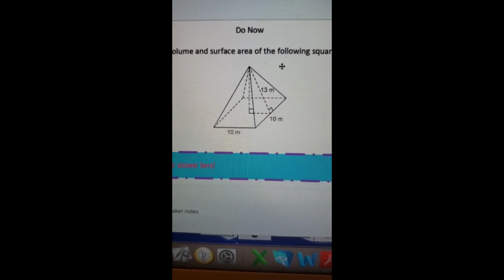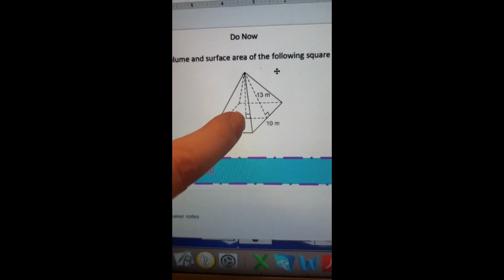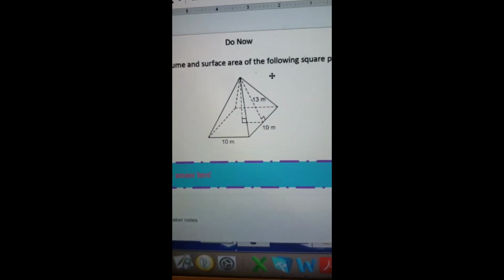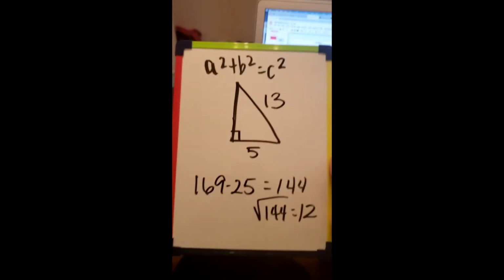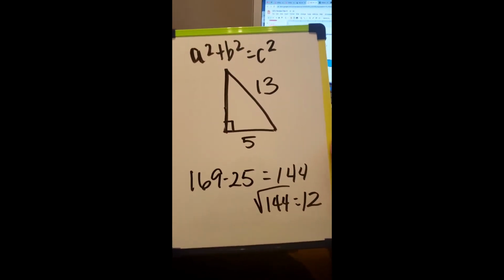Now, take a look at this picture before I explain how I got the height. In a square pyramid, the height starts here and goes down here and forms a right triangle with the center of the square pyramid. Remember way back when we talked about the Pythagorean theorem.